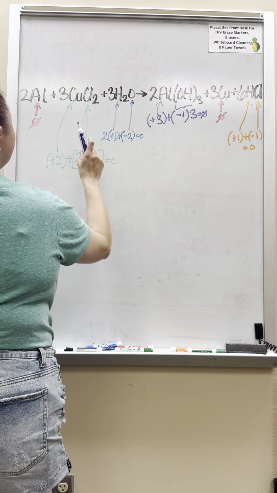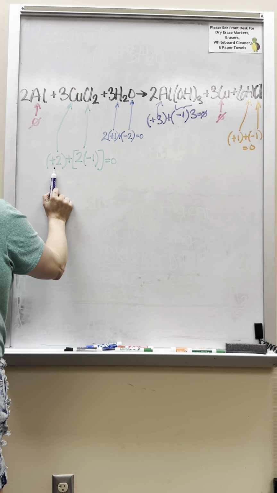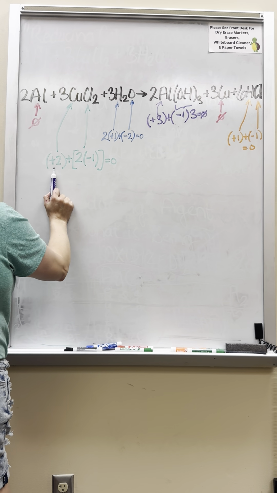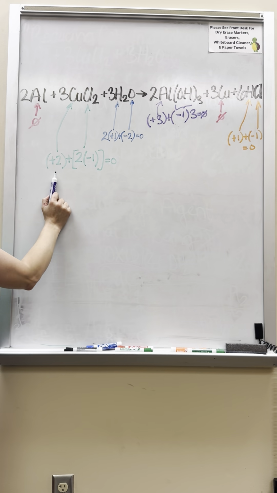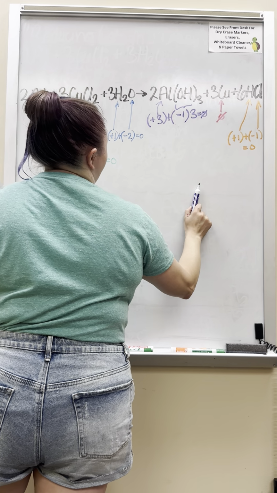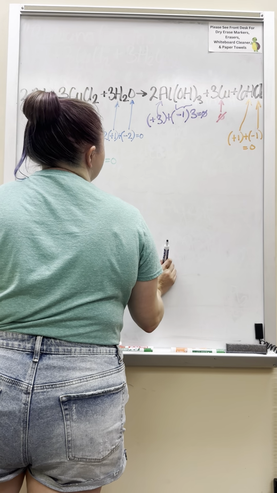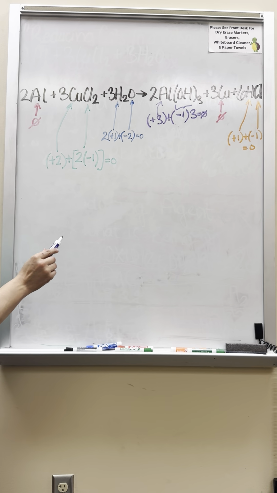Copper here started out as +2, and it's going to 0. So you're going from 2, a more positive number, to 0, a more negative number. Therefore it is being reduced.